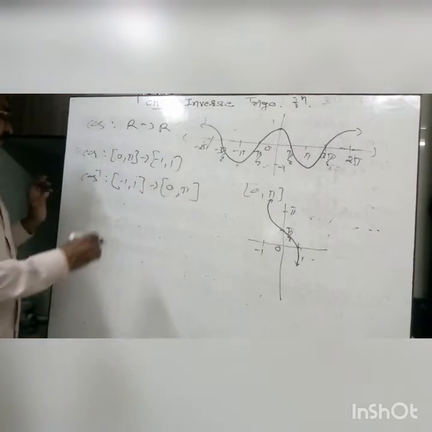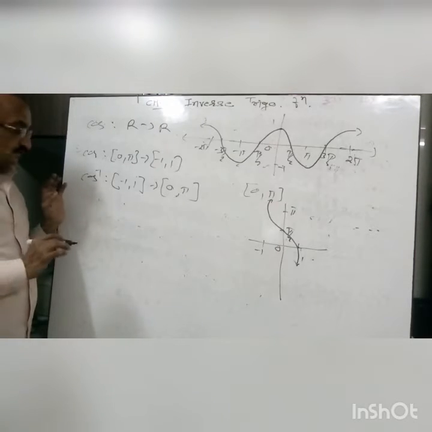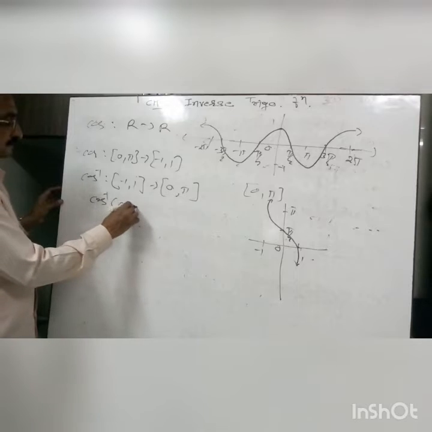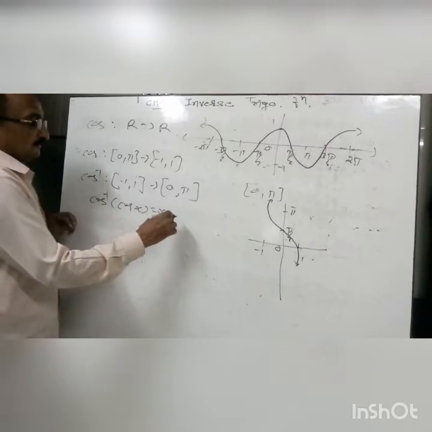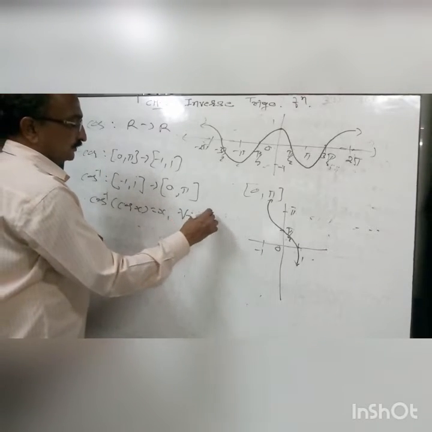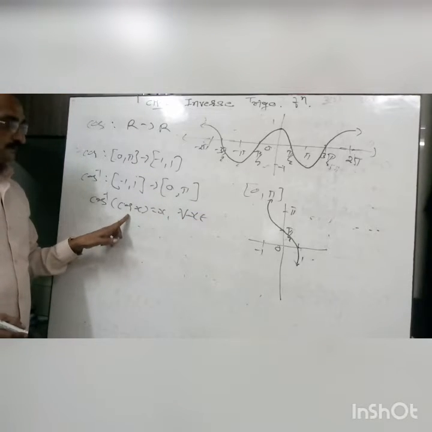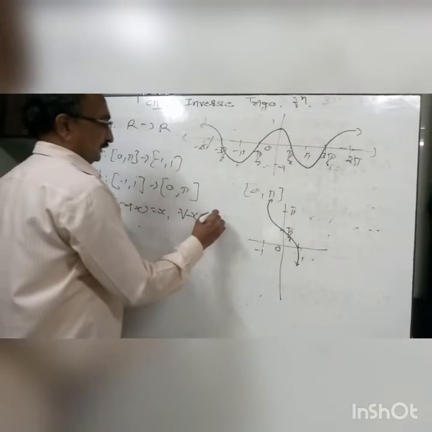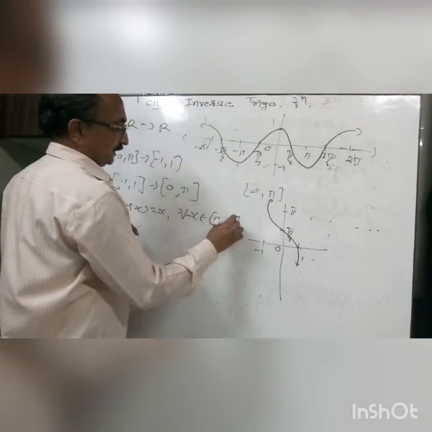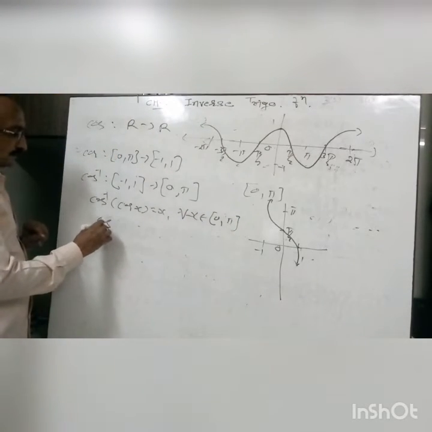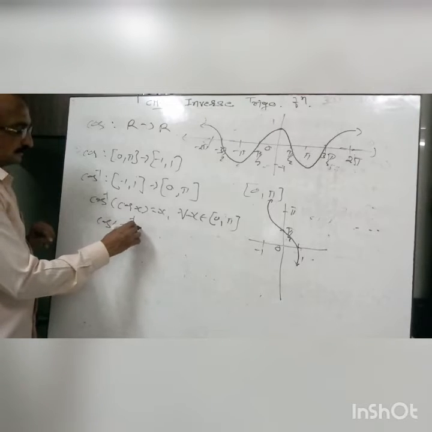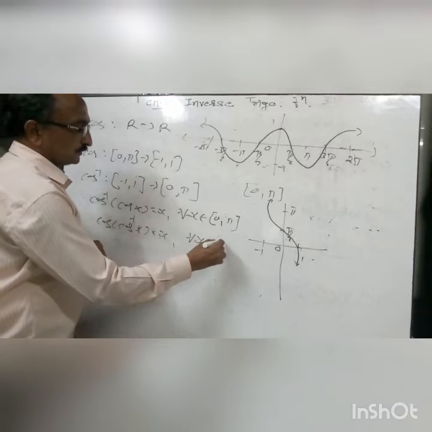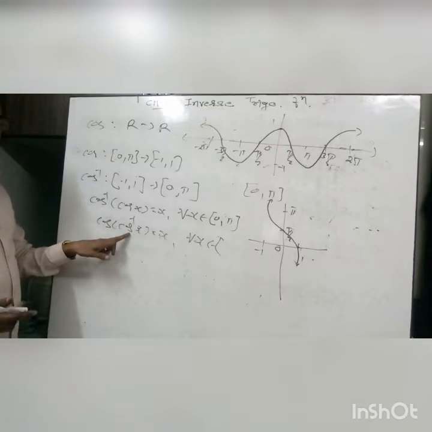Now here we discuss some important notes of the cos inverse function. Cos inverse cos x is equal to x for all x belongs to the domain of the cos function. Here we select the domain of the cos function as closed 0 to pi. And cos cos inverse x is equal to x for all x belongs to the domain of the cos inverse function.